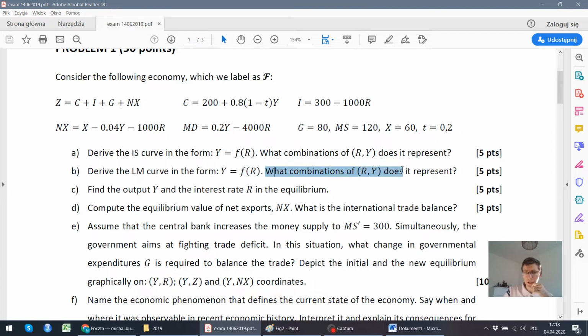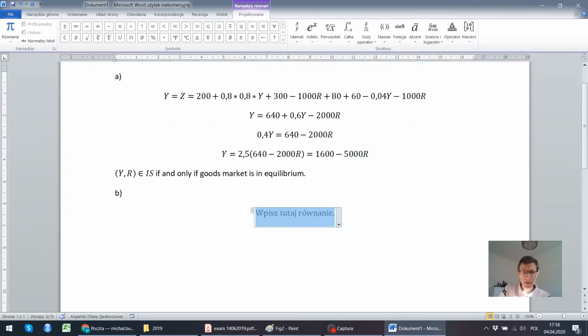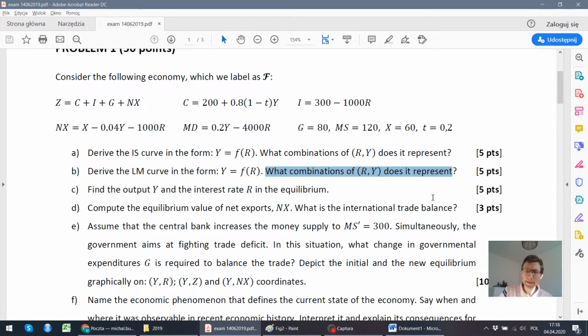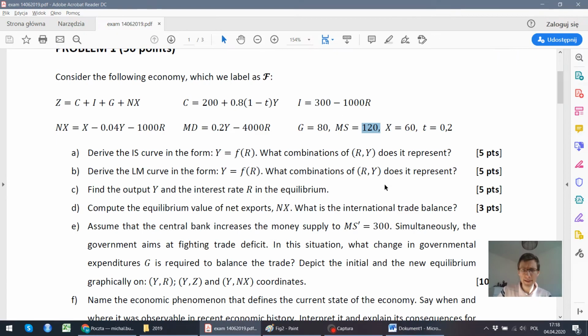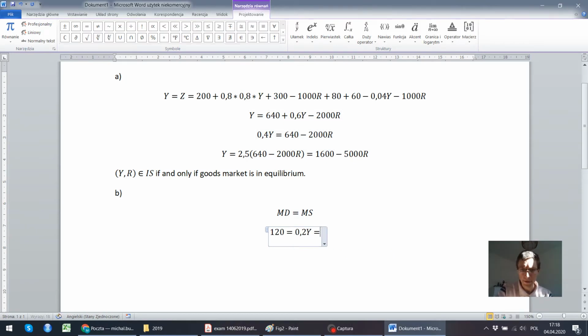And once again, we are asked about the interpretation of the points that are lying on this particular curve. So what we have to equalize here is money demand and money supply. We have equations for both of them. We know that money supply is exogenously given and is equal to 120. And the money demand is a function of output and the interest rate. So it's 0.2y minus 4000R.